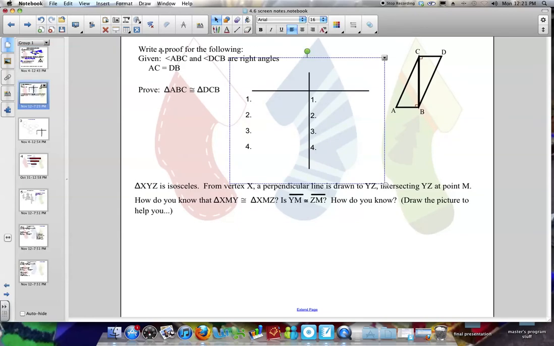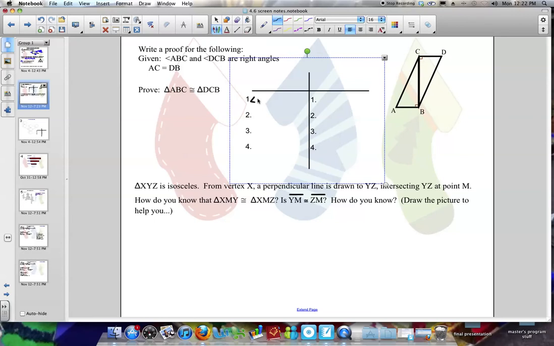Let's use the idea of a proof to show that these 2 triangles, triangle ABC and triangle DCB, are congruent. Reason number 1, we are given that angle ABC and angle DCB are right angles.